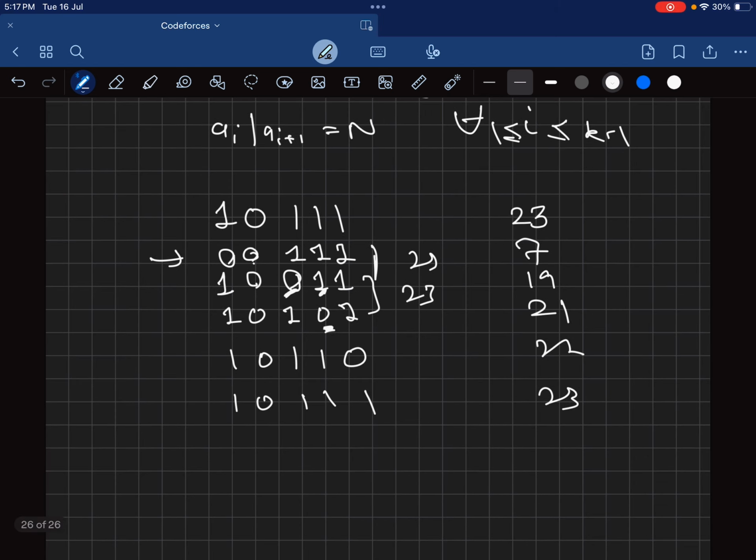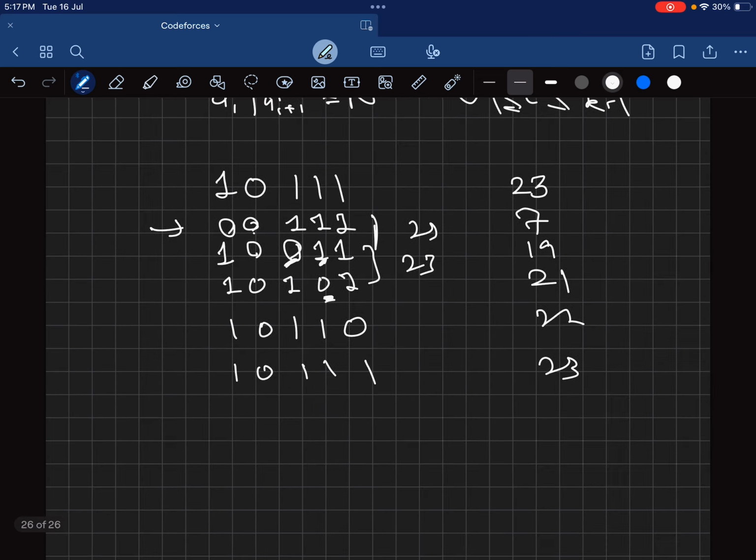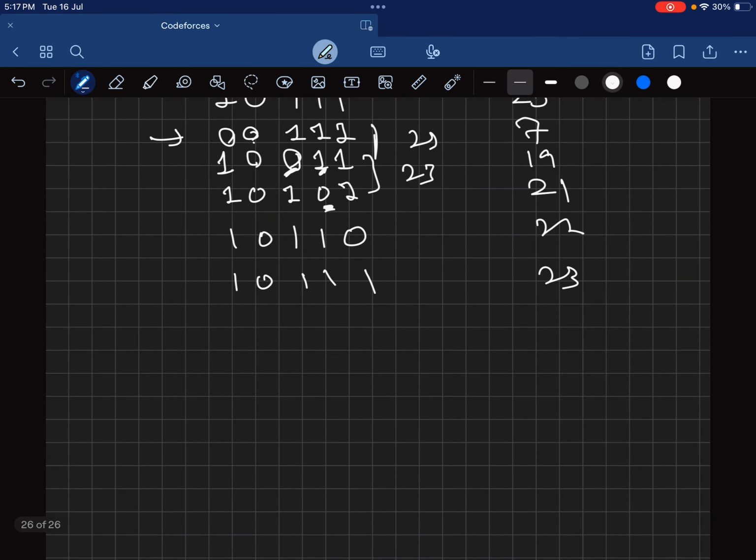So the strategy is, you look at the binary representation of the number, and keep replacing each one by zero. The length of the sequence will be the number of set bits plus 1, if the number of set bits is greater than 1.